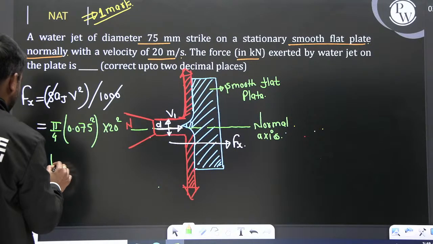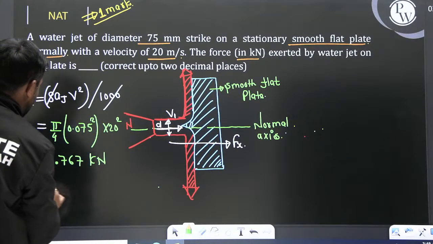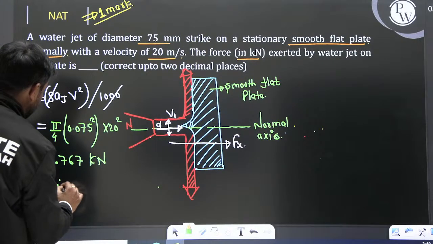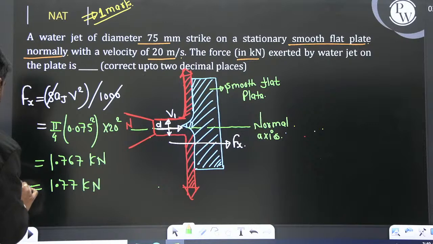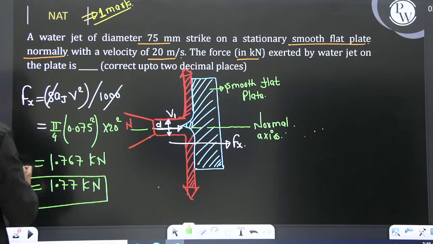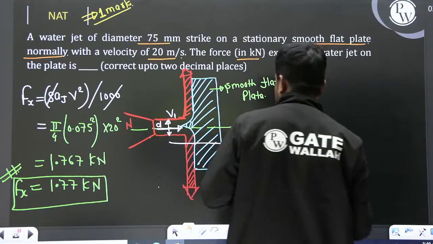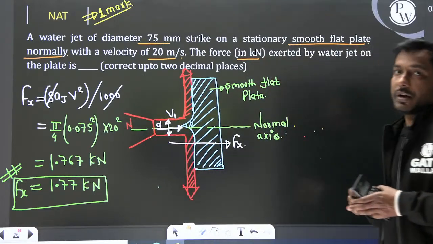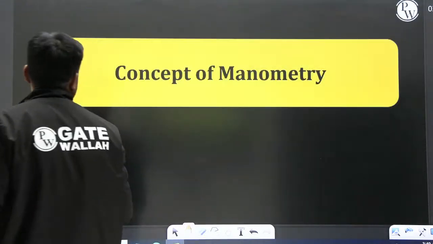So you get 1.767 kilonewton, or you can say 1.77. So this is our Fx, and that Fx is 1.77 kilonewton. Okay, so let me move on to the next.